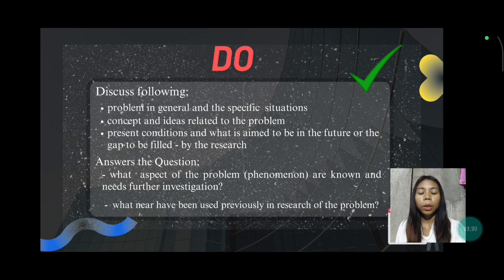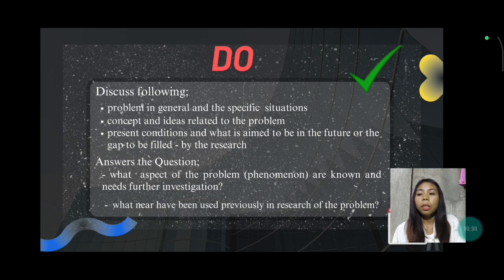If earlier in the introduction we discussed the variables, this one is all about the concepts or ideas related to the problem. It could be a present condition, or the gaps that we need to fill in your research. Here are related questions that can guide you in writing the background of the study.